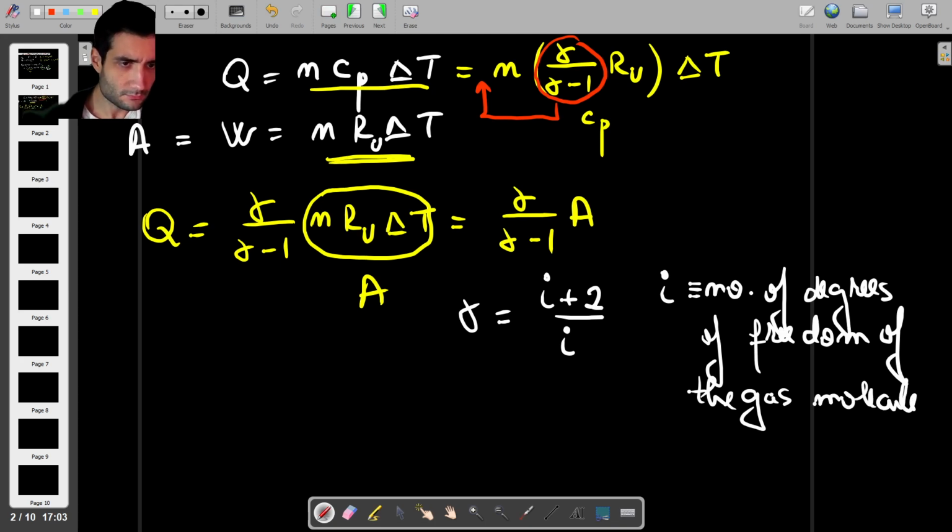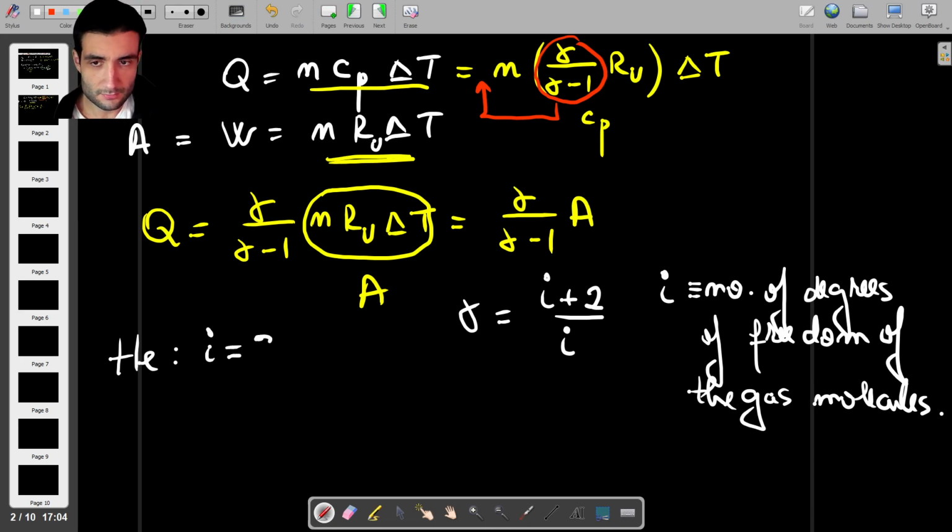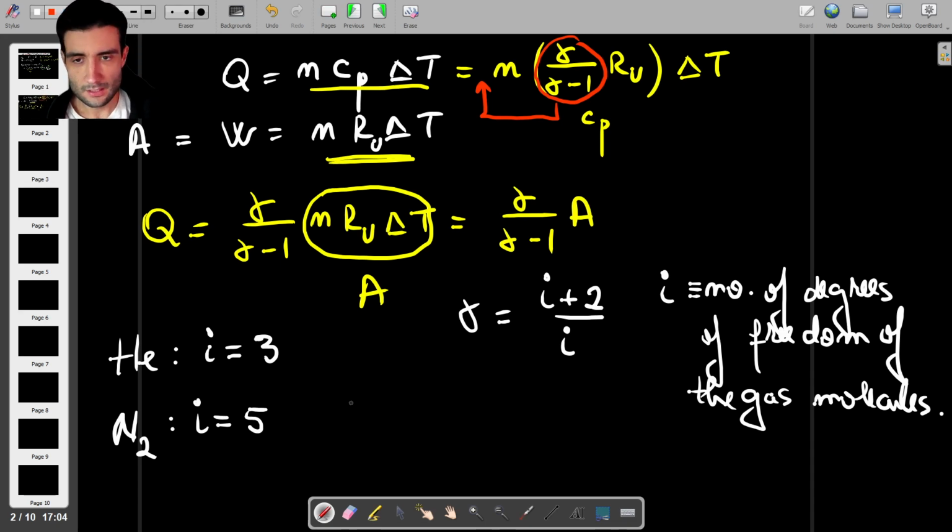I'm not going to go into detail, but if the gas is monoatomic, so the molecule is just made of one atom, for example helium, this would have an I of 3, which corresponds to the fact that the molecule can move along X, Y, and Z. But if we're dealing with N2, with nitrogen, then we have 5 degrees of freedom. So this can move along X, Y, Z, but it can also rotate.